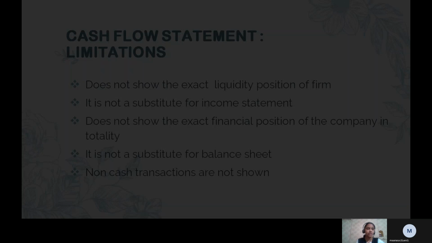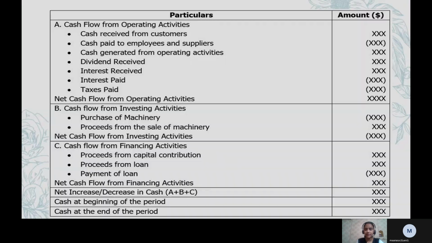What is the format of cash flow statement? Cash flow statement starts from operating activities and then it is continued by the investing activities and then the financing activities. Operating activities start with net profit before tax and then non-cash expenses are added and non-operating items are deducted and then the operating profit will be obtained.